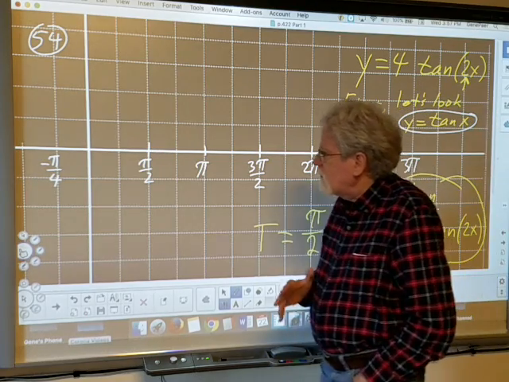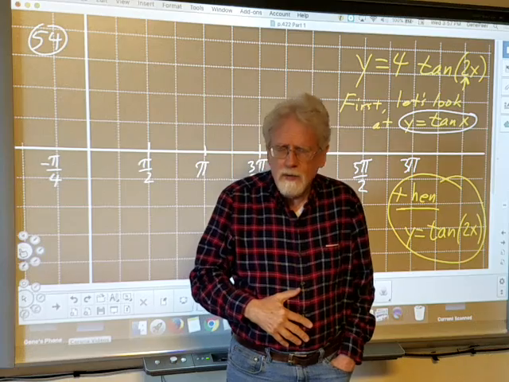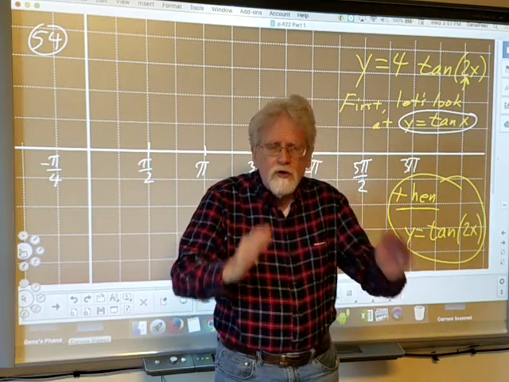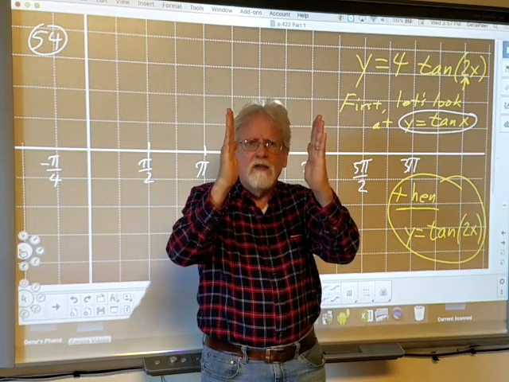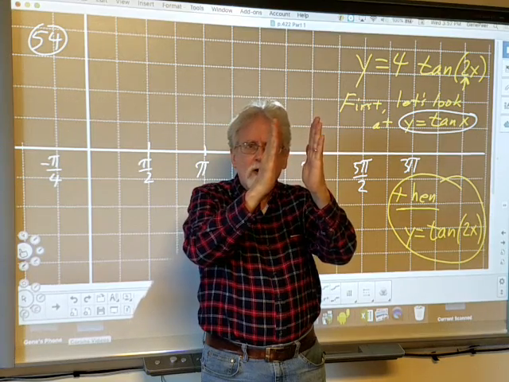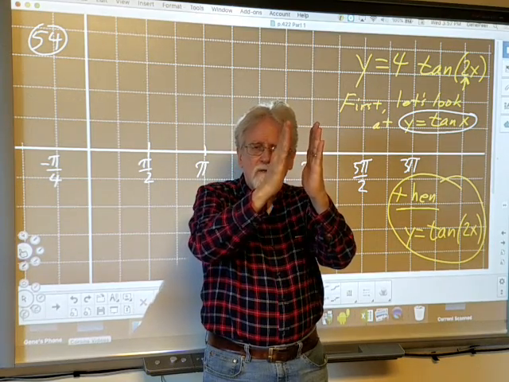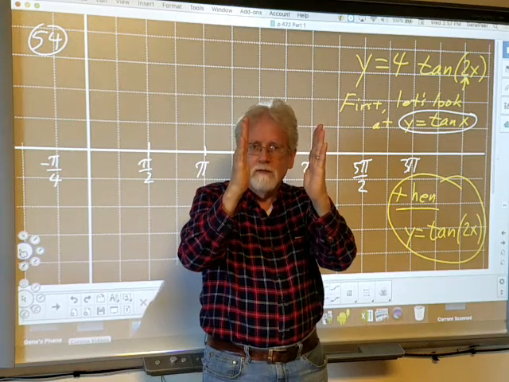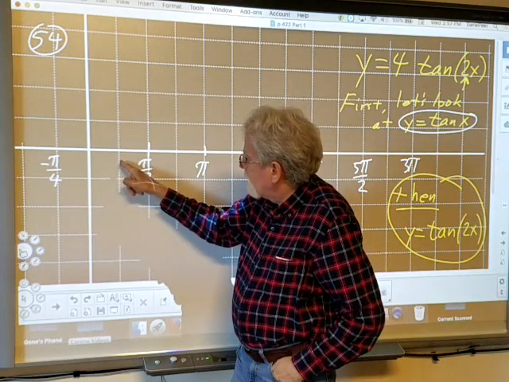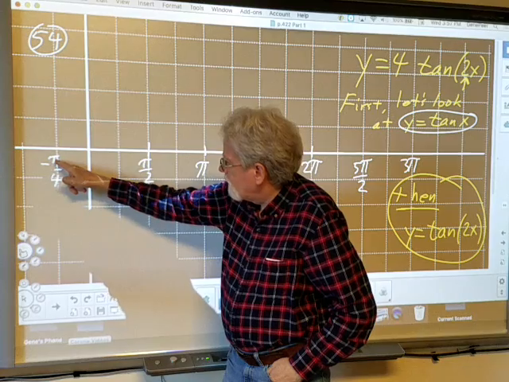So we have to squeeze the entire thing in a space of pi over 2. But if the entire thing is pi over 2 wide, then that means we must go a fourth pi to the right and a fourth pi to the left.